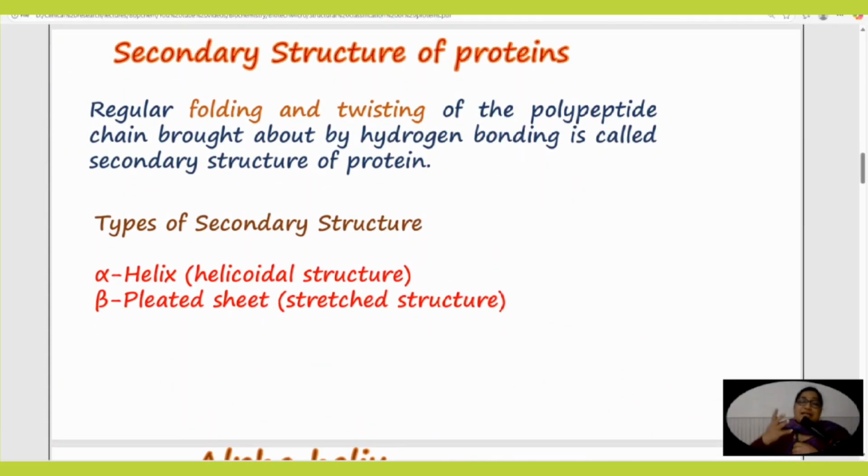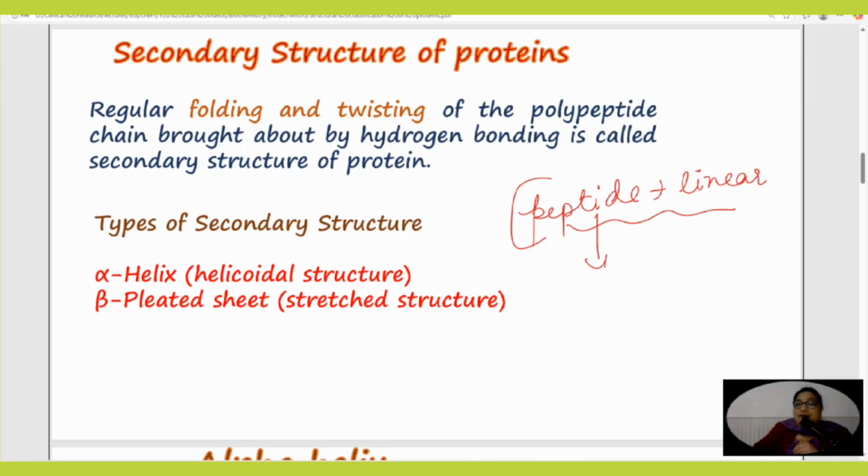Okay, now let's move on to the secondary structure of the protein. When the primary structure is folded and twisted regularly, and the chains are brought so close to each other that, apart from the peptide bond which was in the linear structure, there is additional bonding in the secondary structure, which is known as hydrogen bonding.